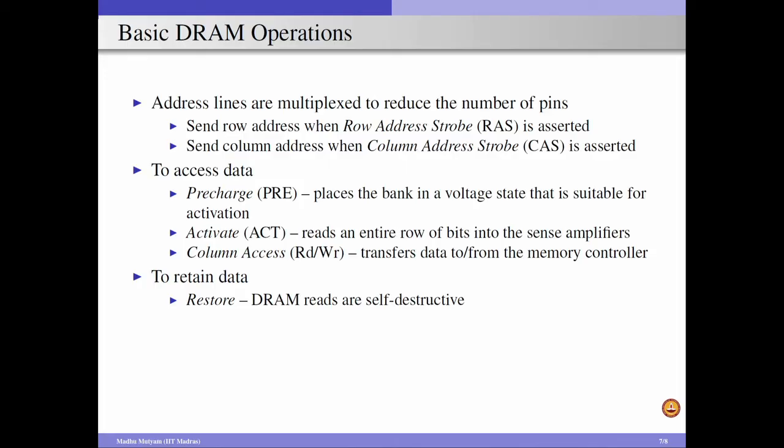In addition to these three operations, in order to retain data in the DRAM bank, we need to perform two more operations. One is a restore operation, the other one is a refresh operation. When we perform an access to a particular row in the bank, we have to restore the entire data of that row by writing this data from the sense amplifiers back to the DRAM array.